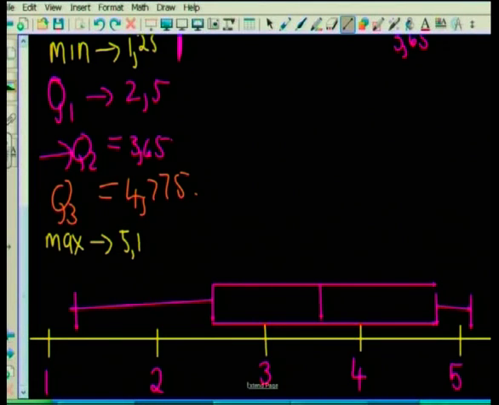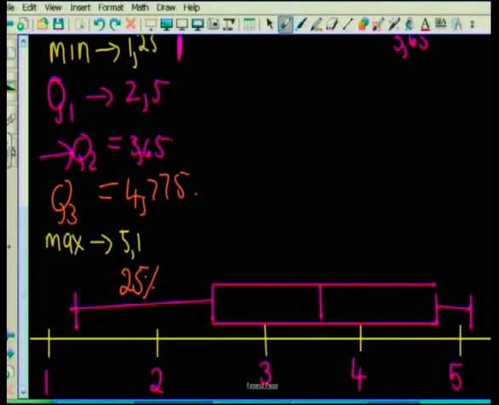It's very important to remember, boys and girls, that each of these pieces represents 25% of the data. Now, people tend to think that there are more data pieces in the bits that are longer. Like, for instance, here, that looks really short. So people tend to think, oh, there's less data there. That's not true.